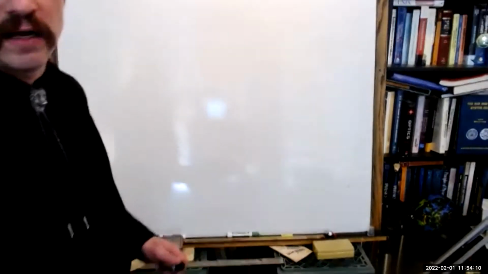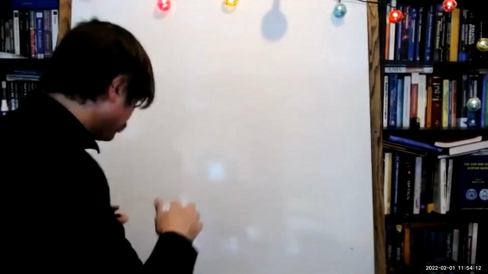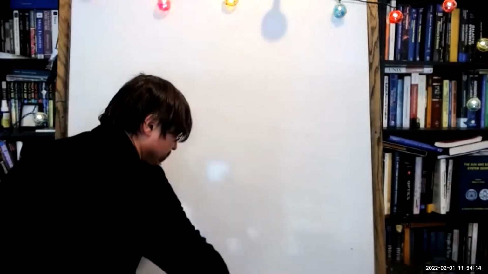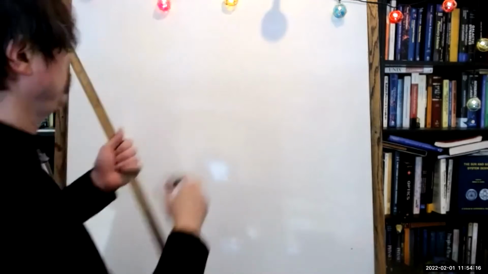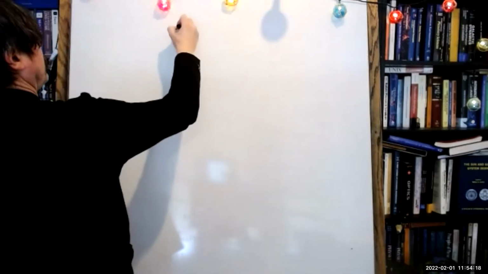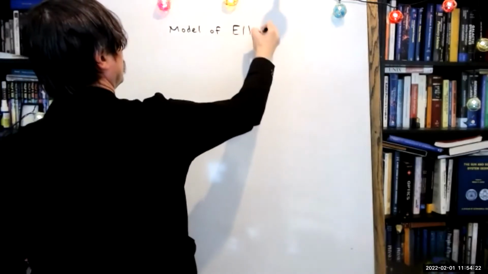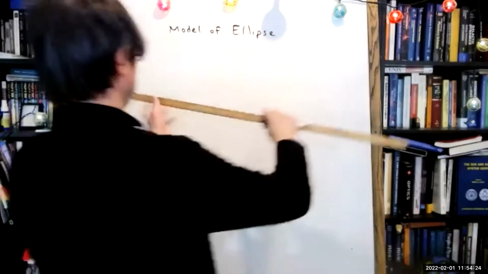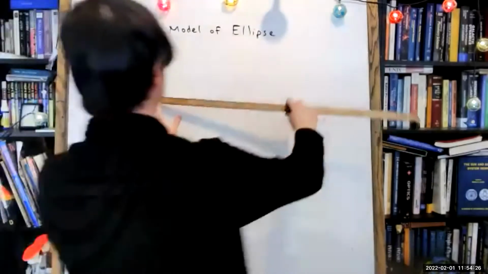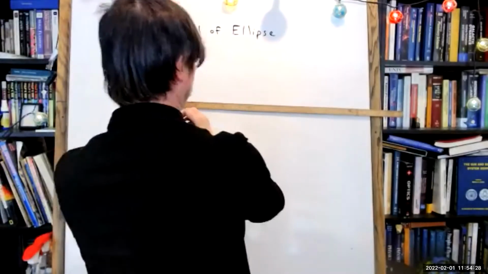So let's make a quick model of an ellipse. The way I'm going to do this is I'm going to take a ruler, we're going to leave some headroom here, and we're just going to cheat, and we're going to make a line.